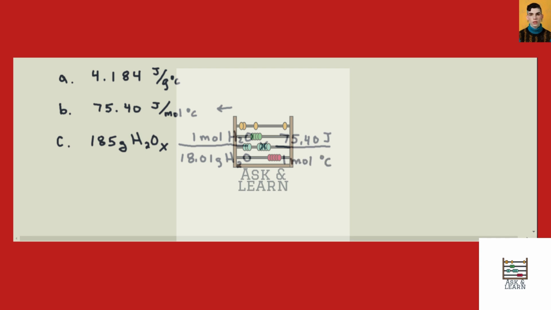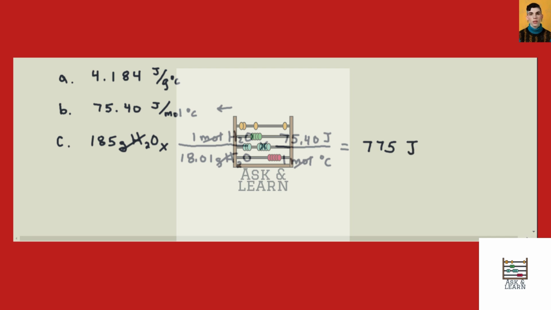All right, so let's check out our units here. Mole is going to cancel. Grams, of course, cancel. So our answer is still going to have joules per degree Celsius. 775 is the value I get.